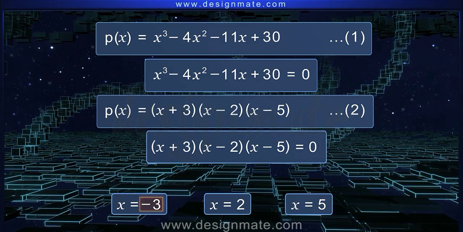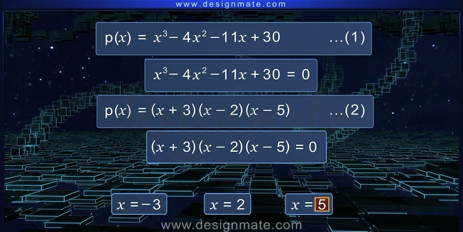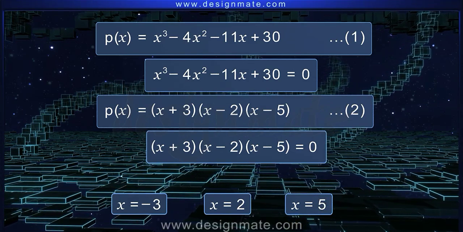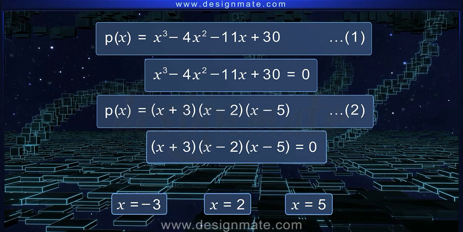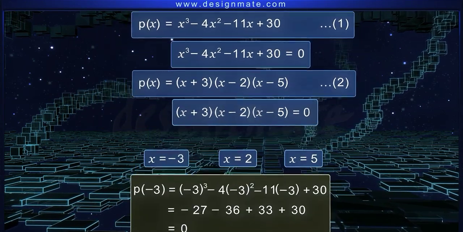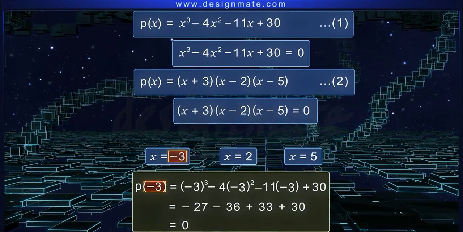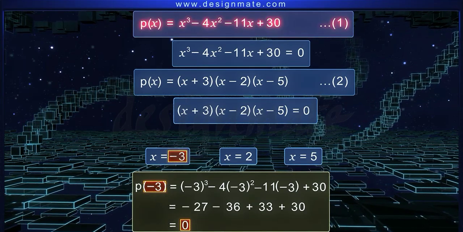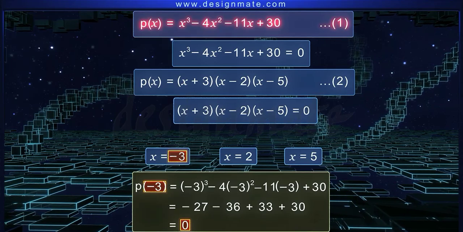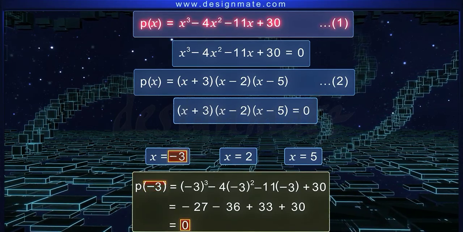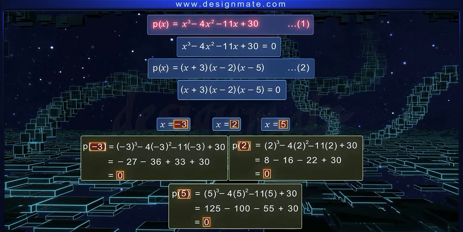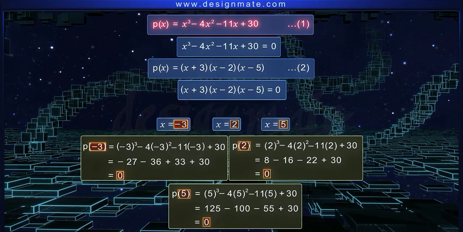Hence, -3, 2 and 5 are the zeros of the given polynomial. Substitute -3 for x in p(x). We find that p(-3) = 0. This calculation verifies that -3 is a zero of the polynomial p(x). Similarly, we can check that 2 and 5 are the zeros of the given polynomial.